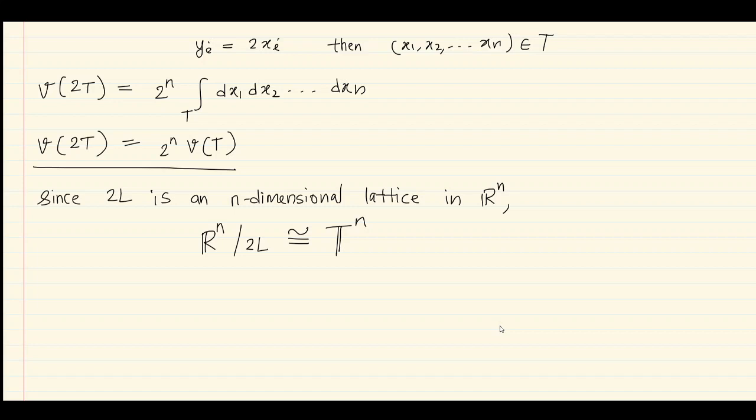Also we have the mapping mu from R^n to T^n. We know that this is an onto homomorphism.